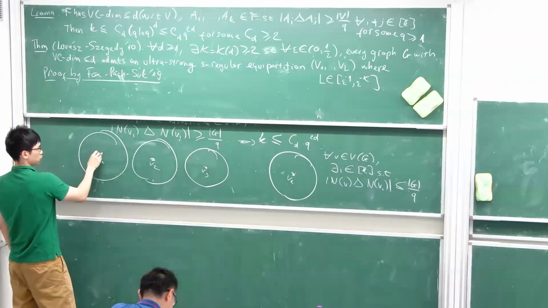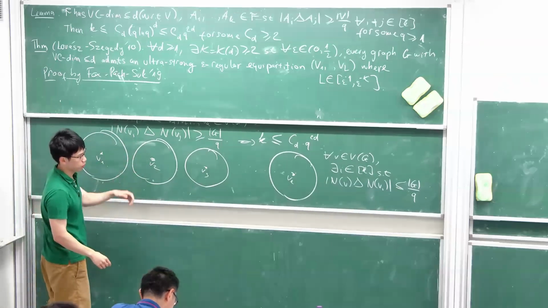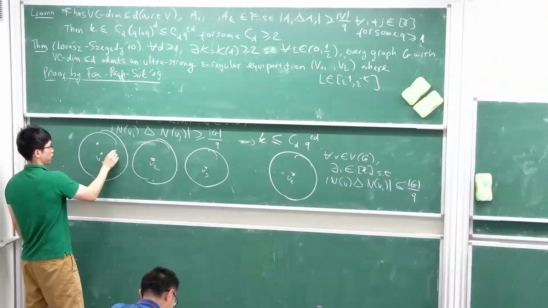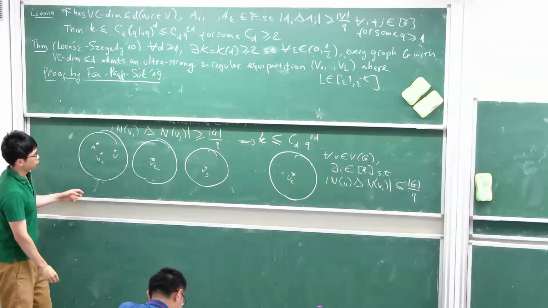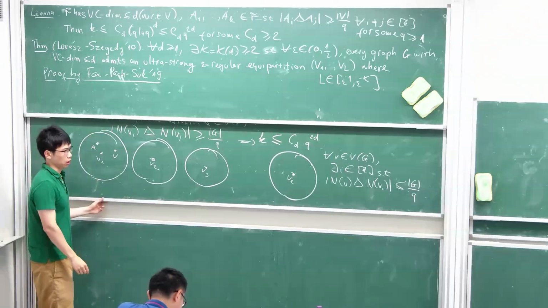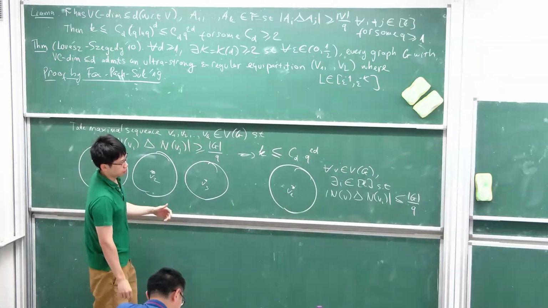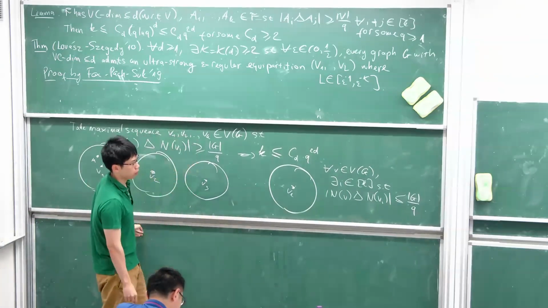Now just look at an arbitrary ball B_i. Here we have two vertices u and v. What's the distance between them? As I said, the symmetric difference obeys the triangle inequality.